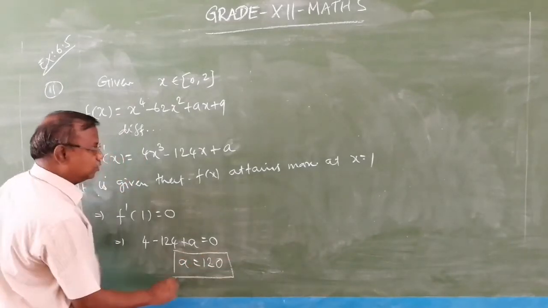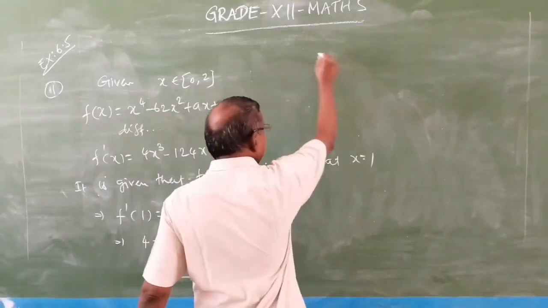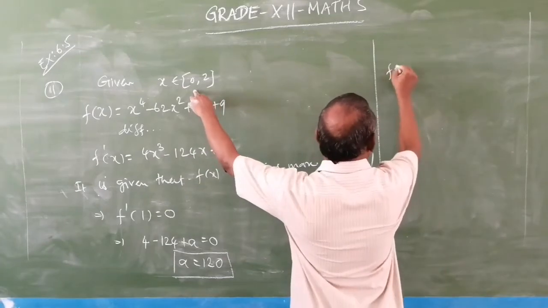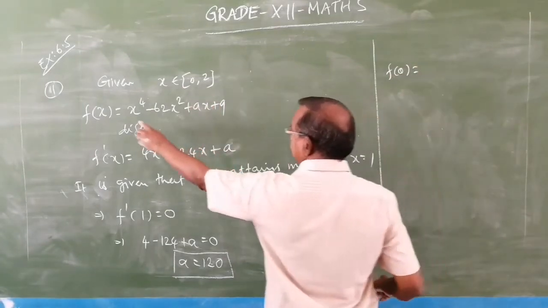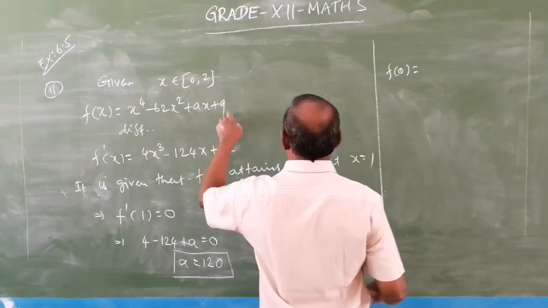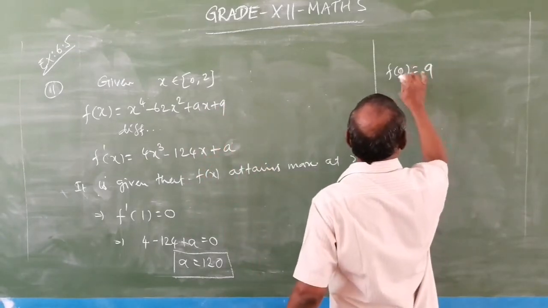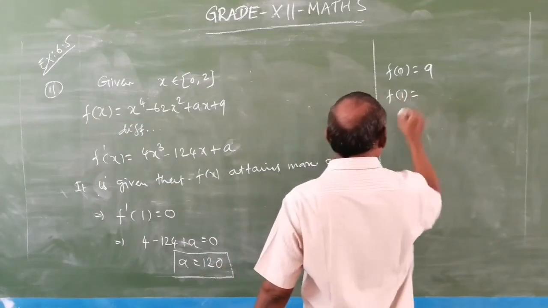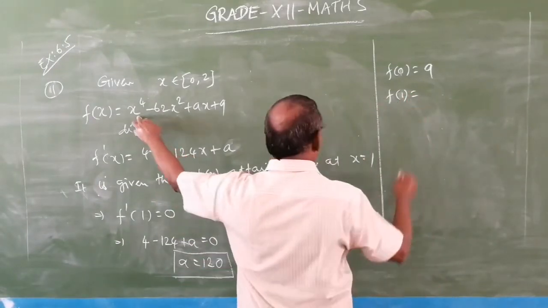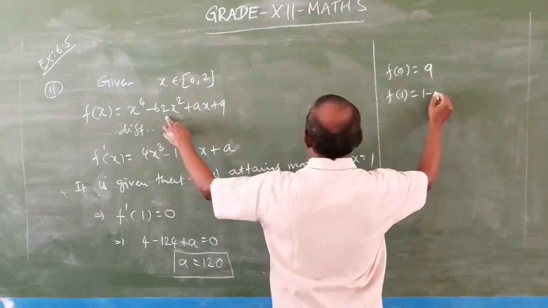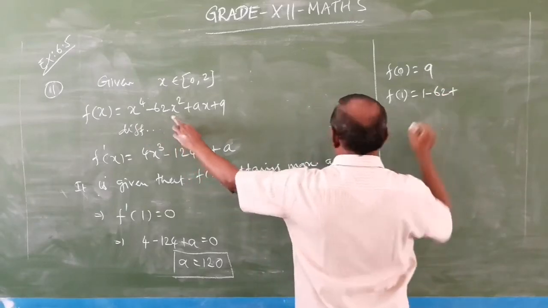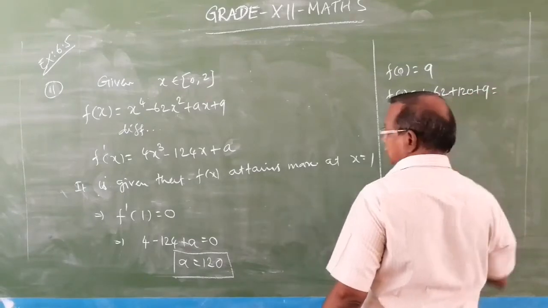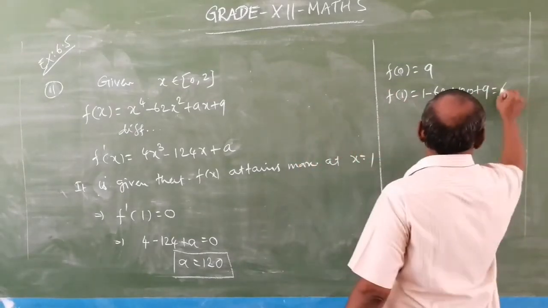A equal to 120. Now we have to find the values. First, f of 0. F of 0 equal to clearly 9. Now f of 1. F of 1 equal to 1 minus 62 plus 120 plus 9, equal to 68.